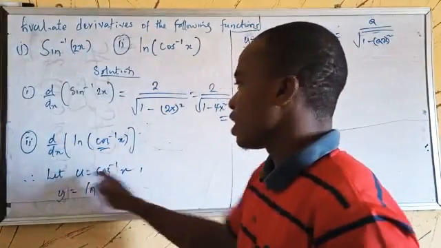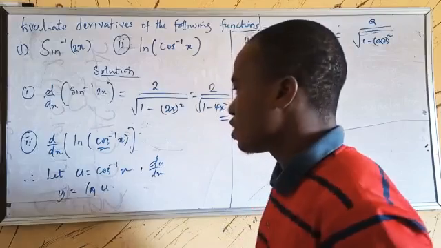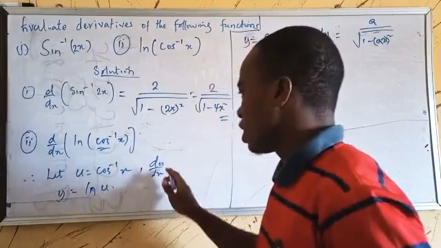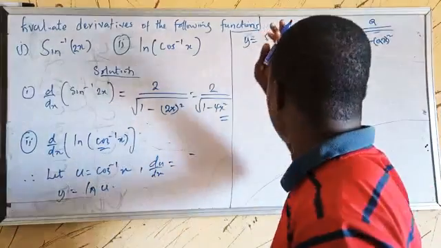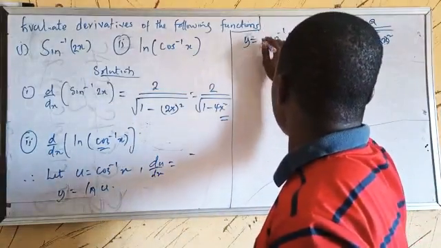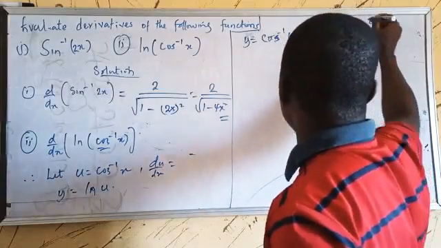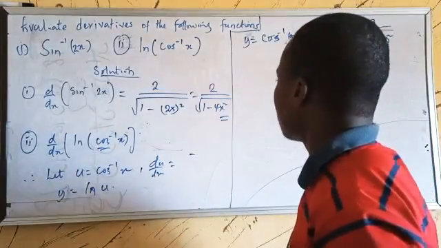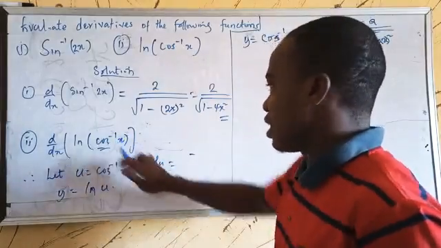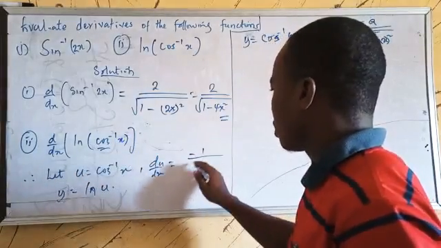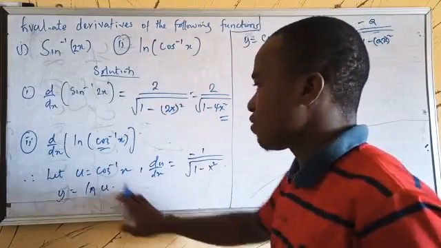So from here, if we get the derivative of u with respect to x, this will actually be minus, because this is cos, from what we did. If this place is cos inverse of ax, this one will be minus a over this. Can you see that? So now we have minus 1 over the square root of 1 minus x squared. So that is for this.